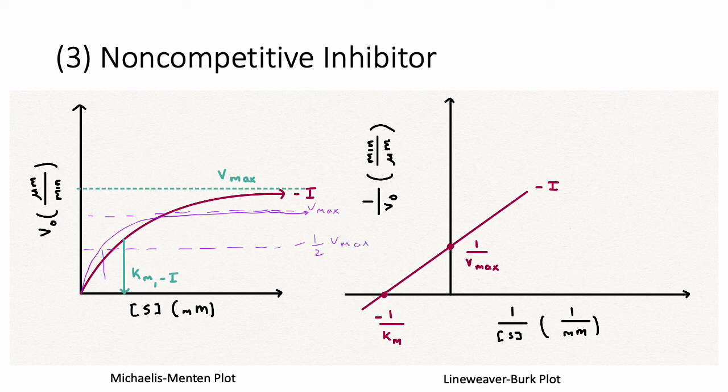So in this case, Km decreased. And for the Lineweaver-Burke plot, we have that the y-intercept definitely increased, and here we'll just draw the Km value staying the same, and in this case the slope increased.